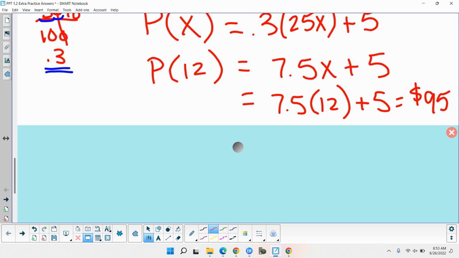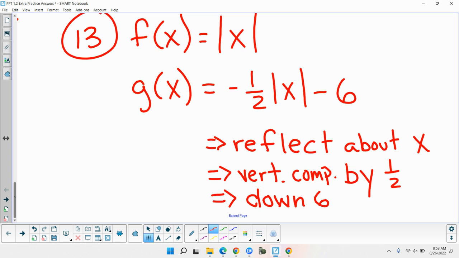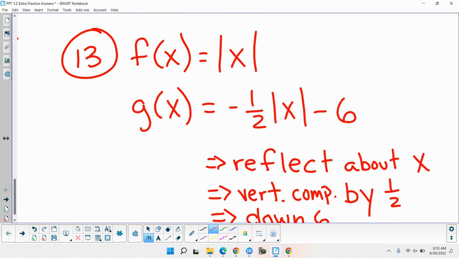13, just get rid of this. All right, so there's the problem, okay? Our parent function, remember, is just f of x is the absolute value of x.